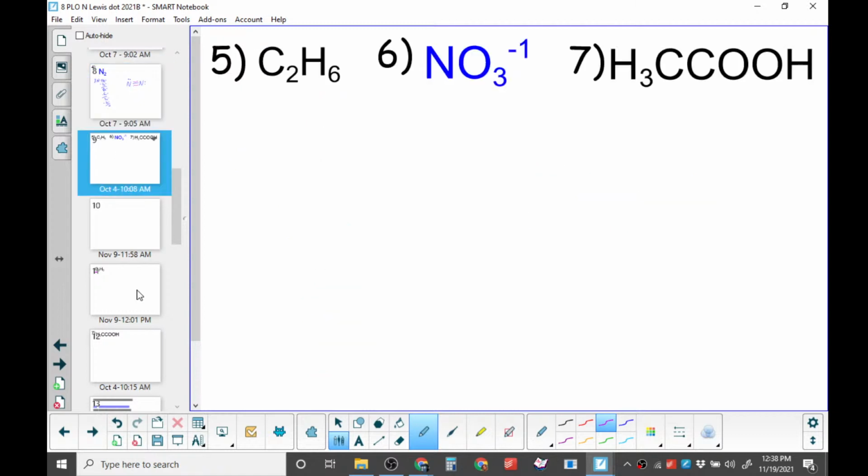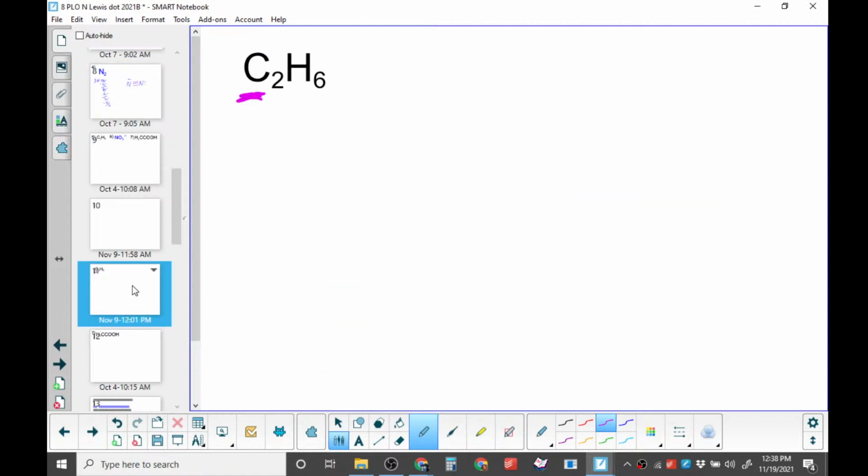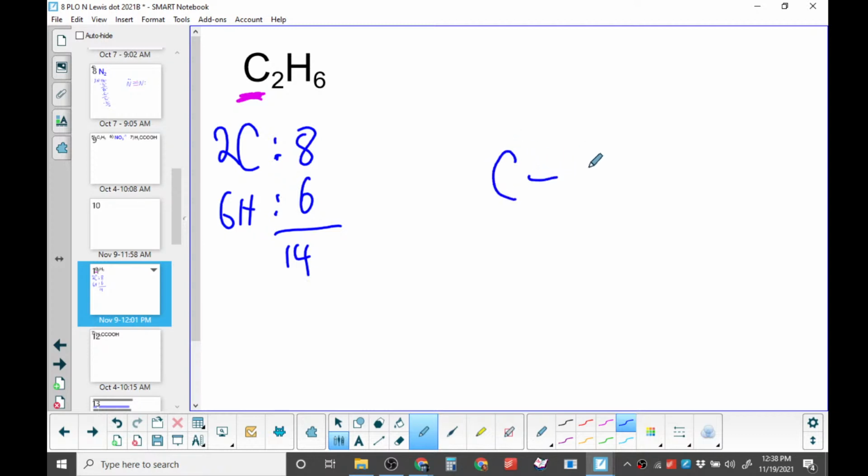Okay, C2H6. Central atoms are carbon. First we'll do this. 2 carbons have how many? 8. 6 hydrogens have 6. 8 plus 6 is 14. So these are our central atoms, and in this case we have to fudge it a bit because we have 2 central atoms.